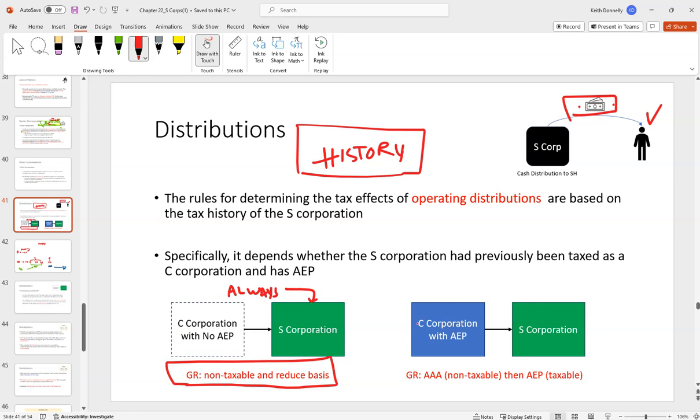However, in the alternative timeline, where we had AEP when we were taxed as a C corp and AAA when we're taxed as an S corp, when you have a distribution to the shareholder, you draw first from the AAA, which is non-taxable, and second from the AEP, which will be taxable to the shareholder.